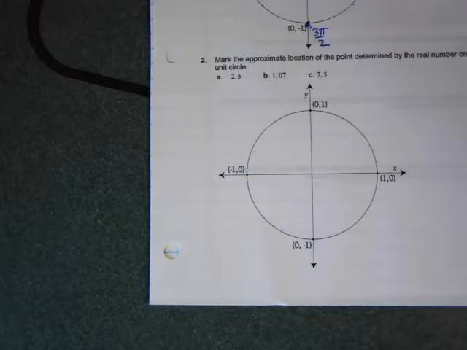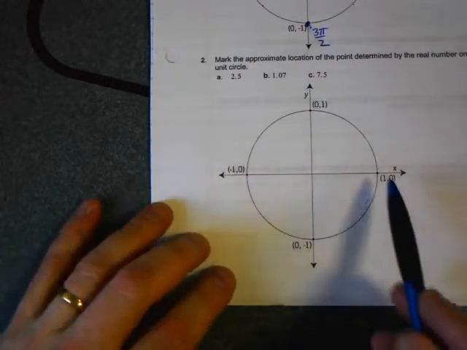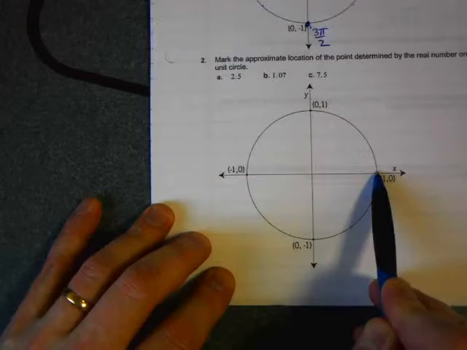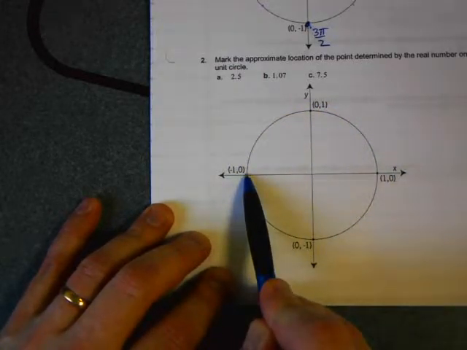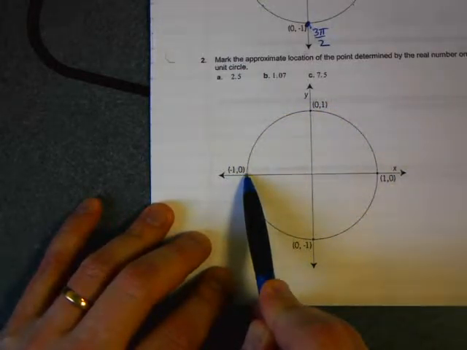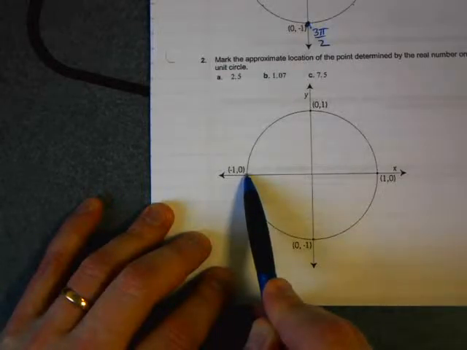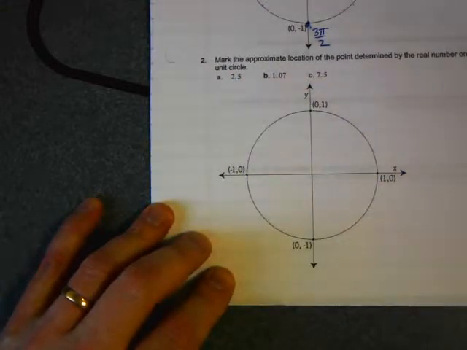Well, let me ask you a question. If I go from here halfway around, how many radians is that? That's pi, right? Pi is about what? About 3.1. So where's 2.5? It's a little bit less than 3, isn't it?